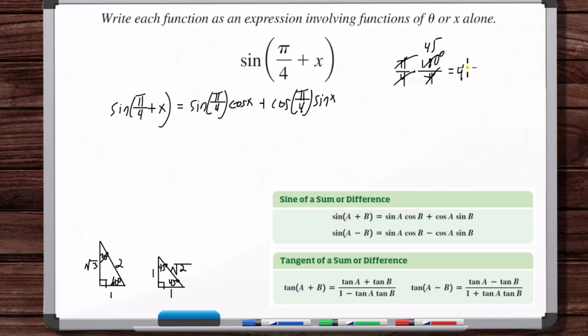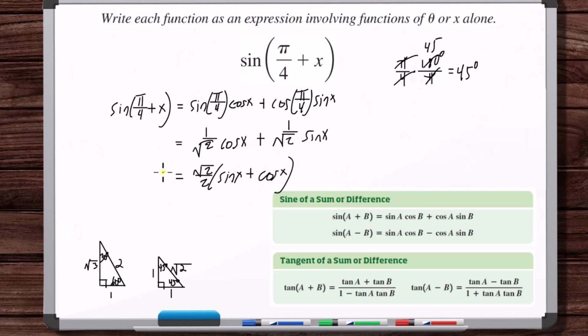That's 45 degrees. All right, so sine of 45 degrees, that's going to be 1 over root 2. Okay, cosine of 45, that's also going to be 1 over root 2. So we can write this as root 2 over 2 times sine x plus cosine x.